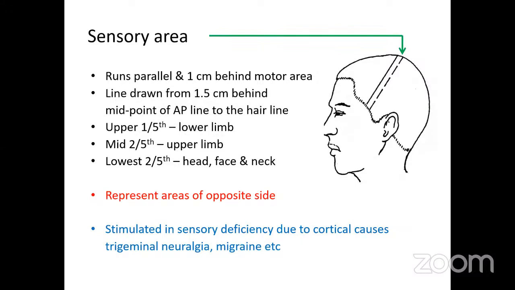Again, lowest 2/5 representing the head and neck area. Again, opposite side, not the same side. This can be used for all kinds of sensory deficits. Right? Head and neck area, particularly for trigeminal neuralgias.